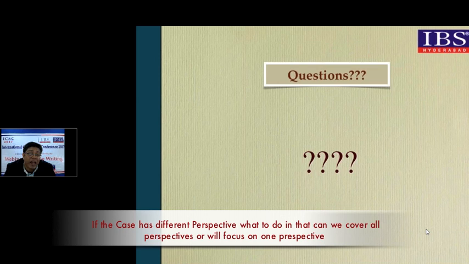But should you be looking at all the different types of perspectives? Probably not. You should look at your teaching objectives and see what you are trying to achieve with your case. And if you are able to do it with the most relevant perspectives for that particular case, and you are able to identify them, collect them and put them in your case in an interesting way, then you have a very good case.